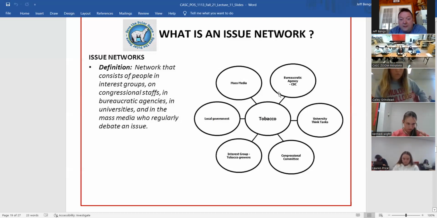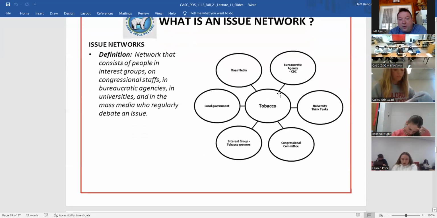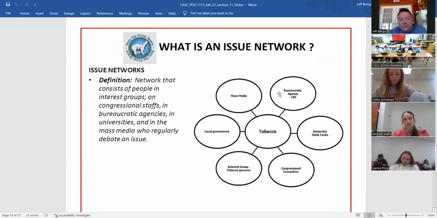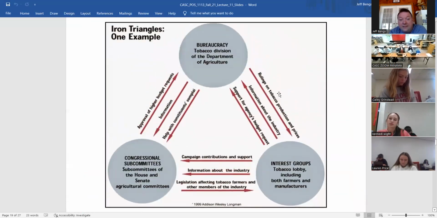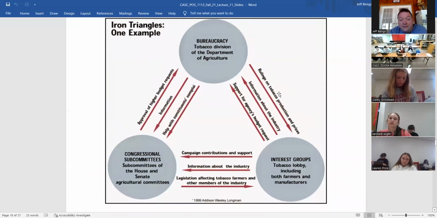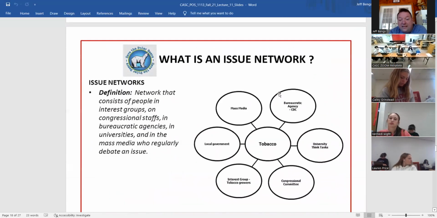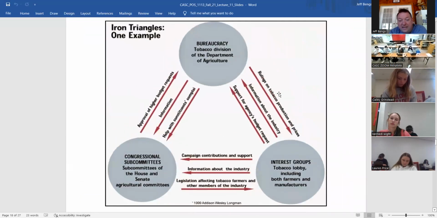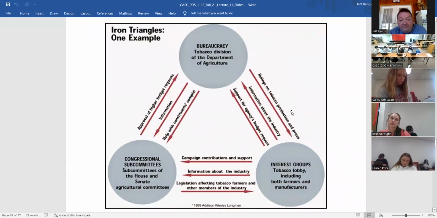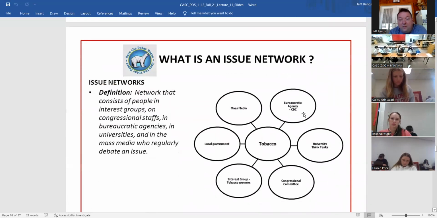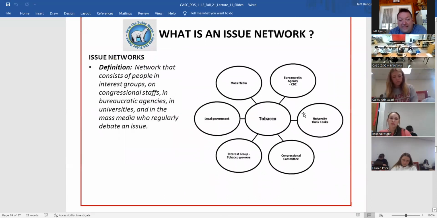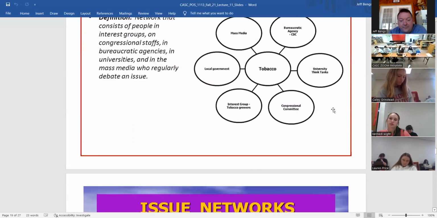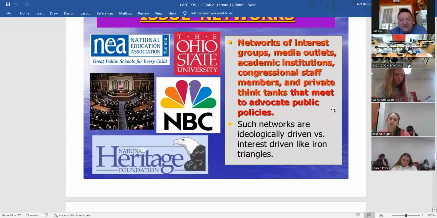So the issue network is a broader group working to get things done, but an issue network, once it gets its job done, will dissolve. Iron triangles tend to last a long time. Issue networks come up when a need arises. So know about those things.